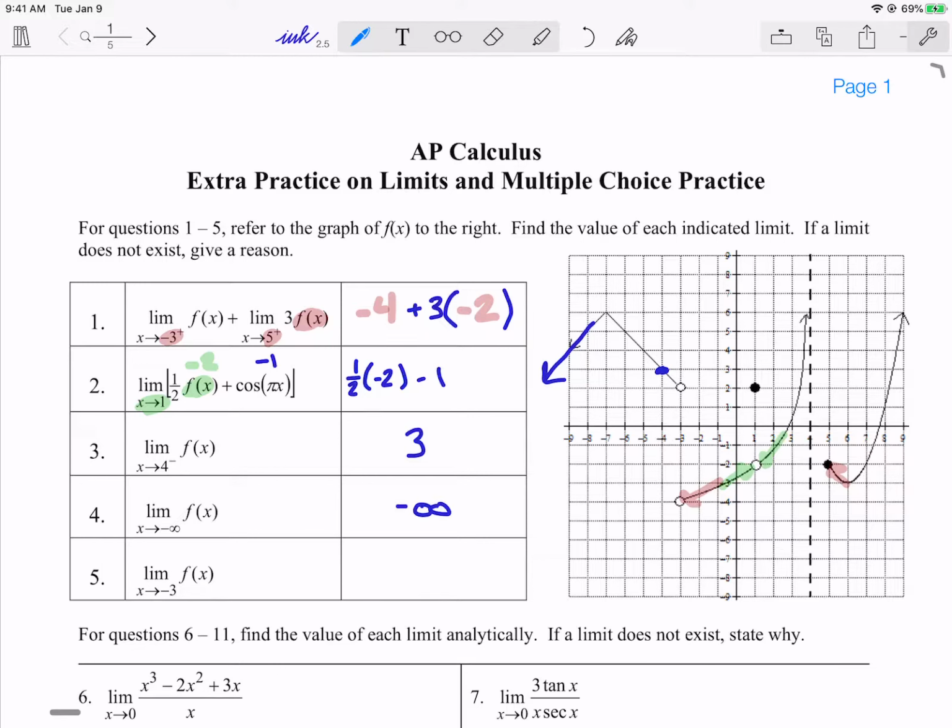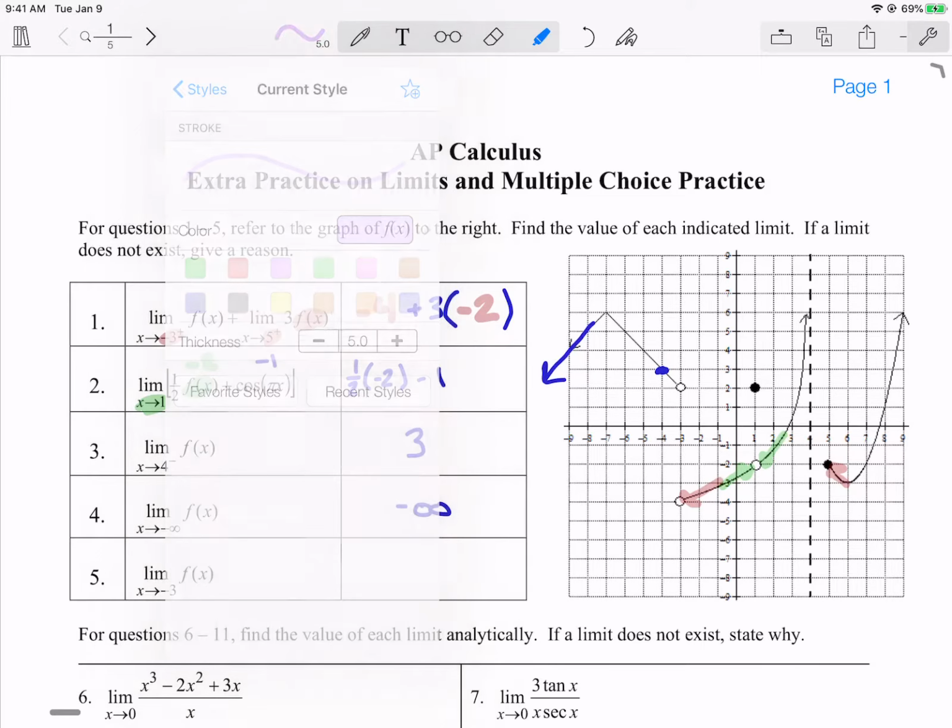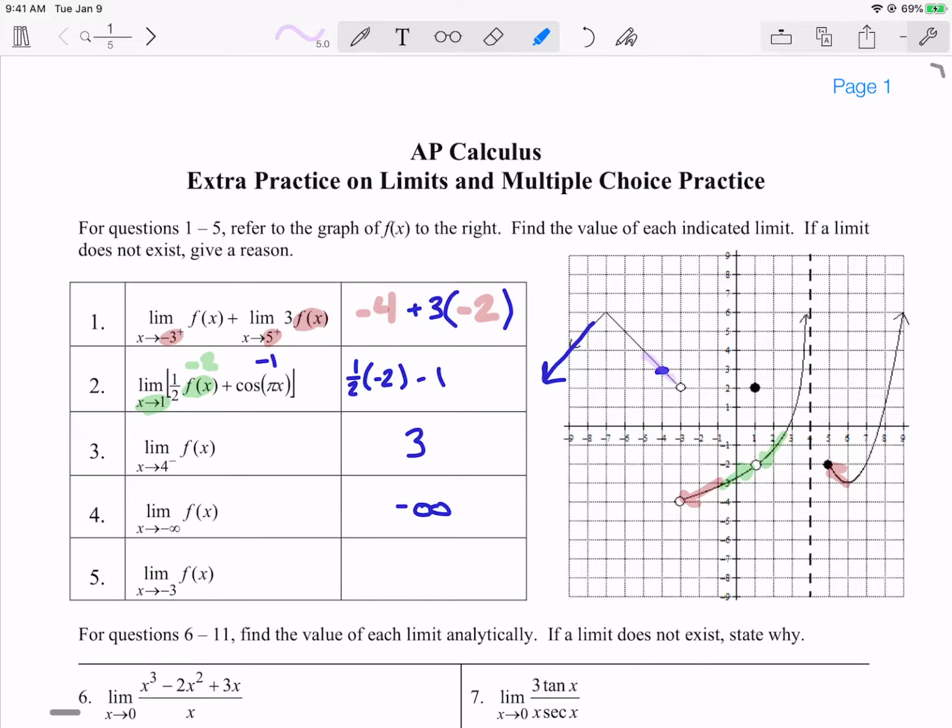And then the limit as I approach -3 is where I actually have to consider the left and right-sided limits. From the left, I get 2. From the right, from our answer to number 1, part of it, we get -4. So that one does not exist because the left and right-sided limits do not equal one another.